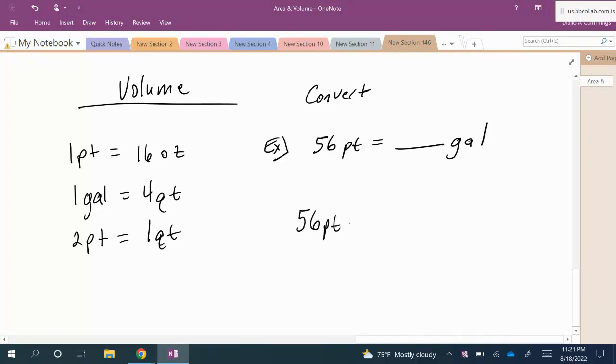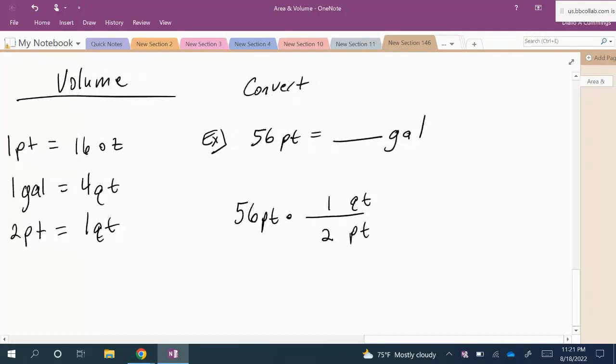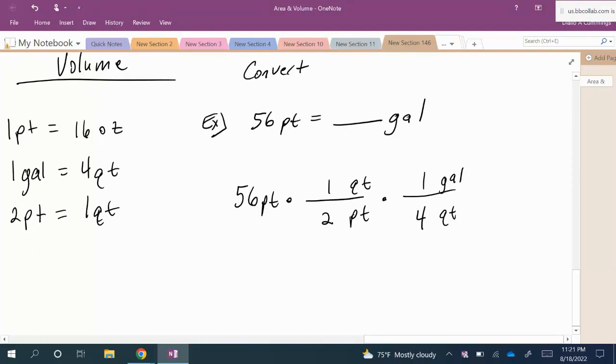So we have 56 pints. The first thing I'm going to do is change pints to quarts. All right, so 2 pints is 1 quart. And now we're going to change quarts to gallons. So our conversion is 1 gallon is 4 quarts.